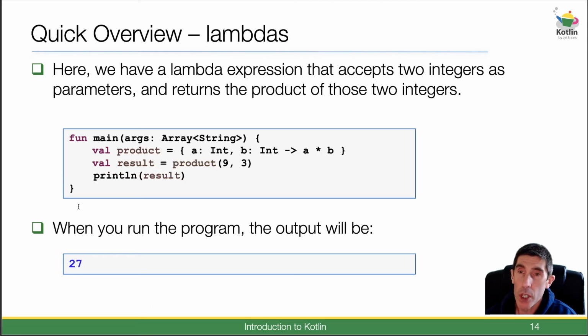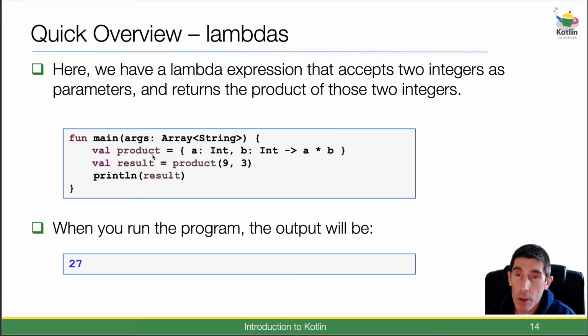Now, a slightly more complicated example. Here we have a lambda expression that accepts two integers as parameters and returns the product of those two integers. Here is our full lambda expression. We're specifying our two parameters, a and b, both ints, and the code body, or what we want as the result, is the product, a times b.